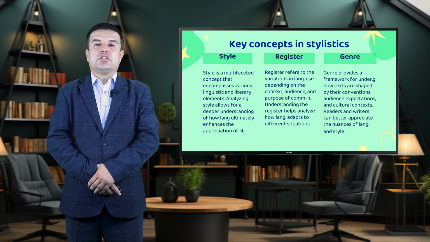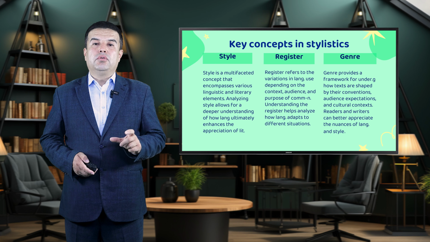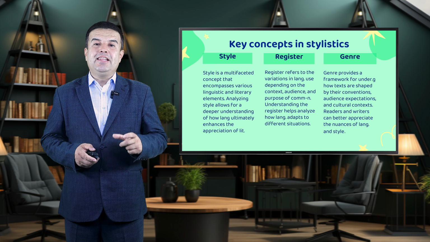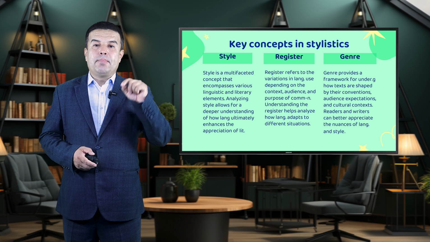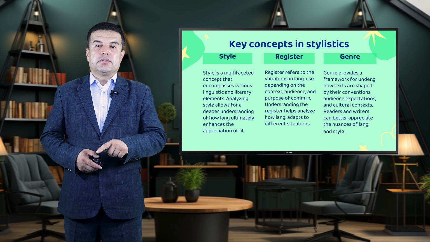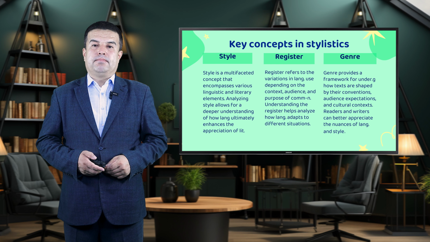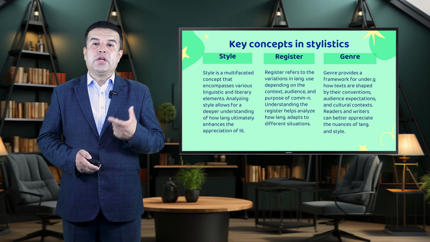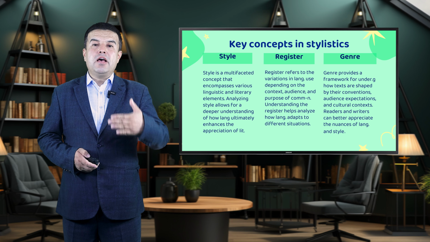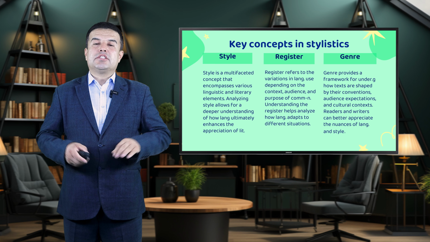Second one is register. Register refers to the variation in language use depending on the context, audience, and purpose of communication. Understanding register helps analyze how language adapts to different situations.